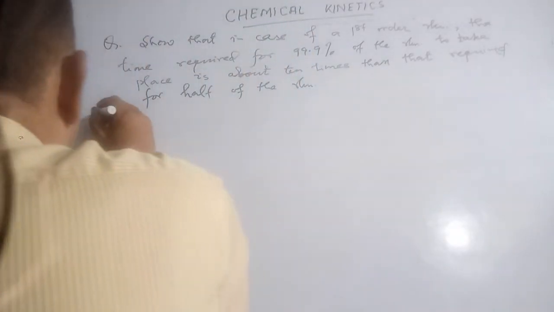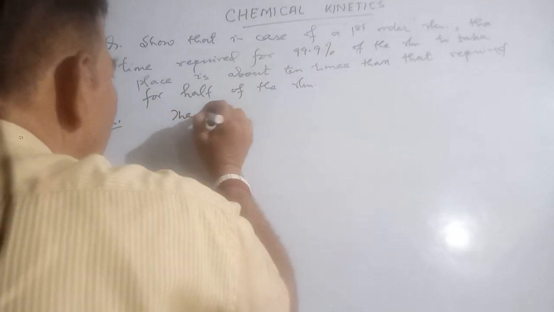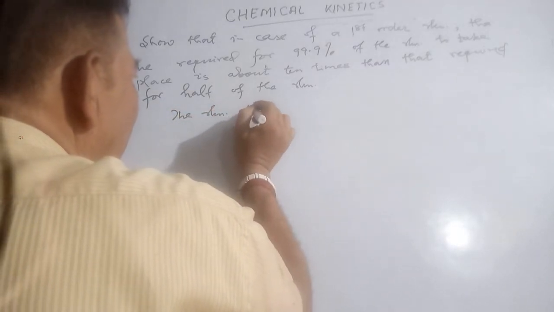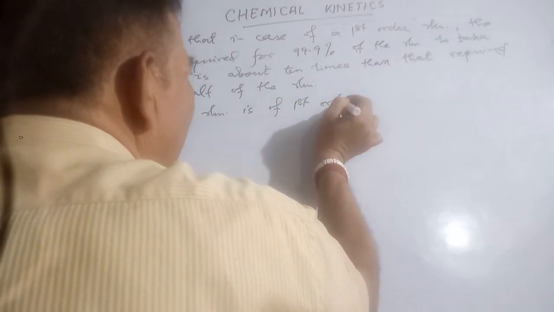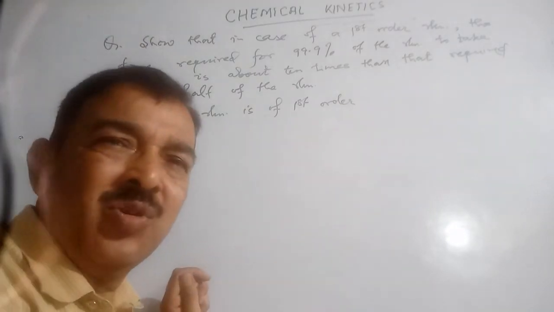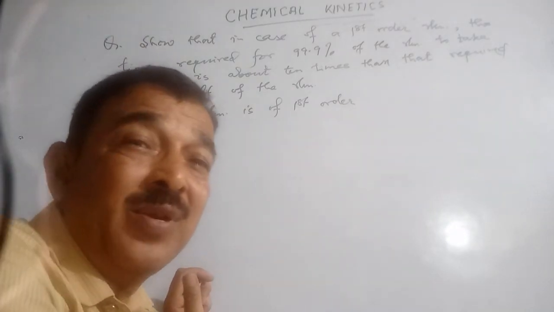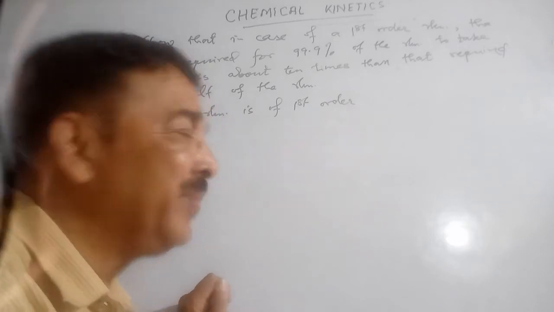Let's go for it. Again we have to write: the reaction is of first order. So we will be doing this numerical in a different way, I think a more easier way.